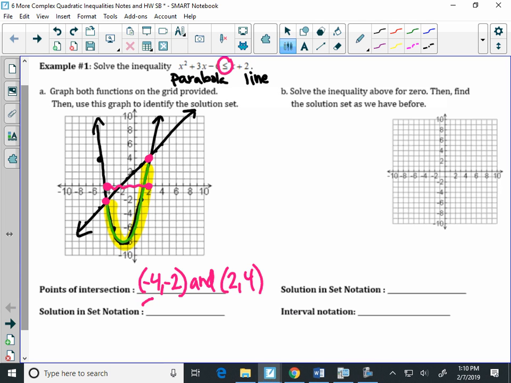So if I make my set notation, that's the inequality. What inequality would I write to represent this solution set right here? -4 is less than or equal to x, less than or equal to 2. So go.